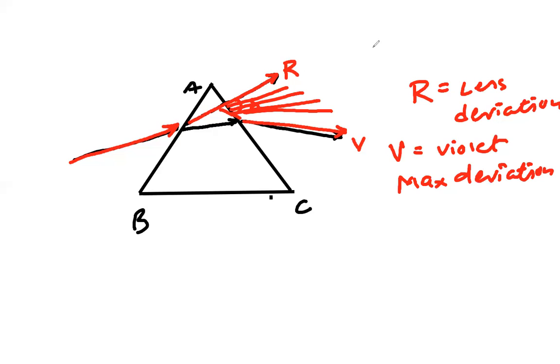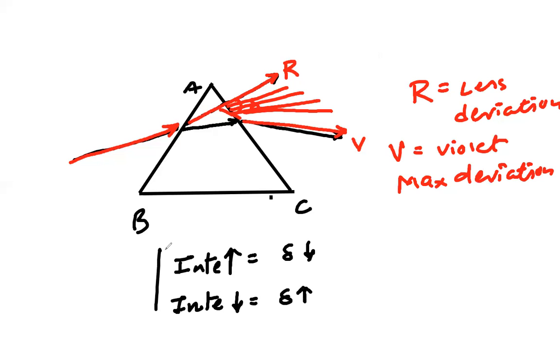So you can put one more MCQ over here: whichever color has higher intensity experiences less deviation, and the color which has lower intensity experiences maximum deviation. So this is one more MCQ.